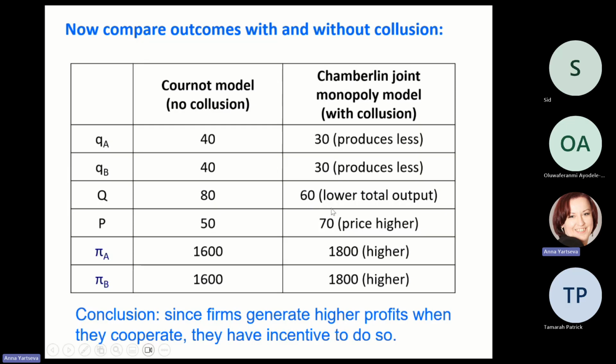Because they're producing lower output, the price is now going to be higher, 70 rather than 50. And each company's profit is now going to be high as well. So they have an incentive to collude. They have an incentive to restrict output and elevate the price because it allows them to achieve a higher profit. In Cournot, they would get only 1,600, but now they're getting 200 pounds more. They have an incentive to do so.